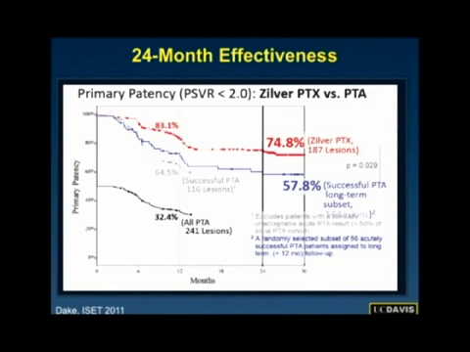This was durable at 24 months, and I have yet to understand exactly how these numbers are derived in terms of follow-up, because it's not the total cohort, and I think that may come out in a publication. But the bottom line here is that a drug-eluting stent performs better than PTA in terms of duplex criteria and also some of the clinical endpoints that they provided.